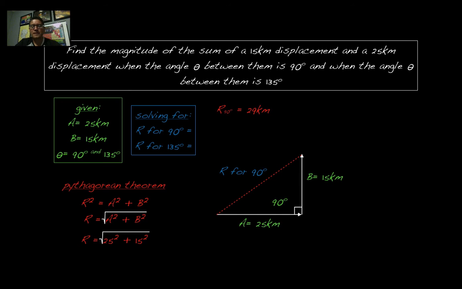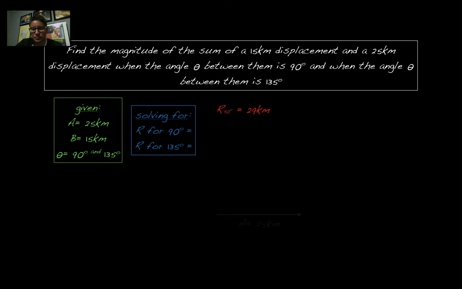So I still have the same root issue where I'm going 25 kilometers in one direction, but this time instead of turning at 90 degrees, I'm going to be turning at 135 degrees. So it's going to be slightly further away, as you can see there, and now I can write in my resultant vector.